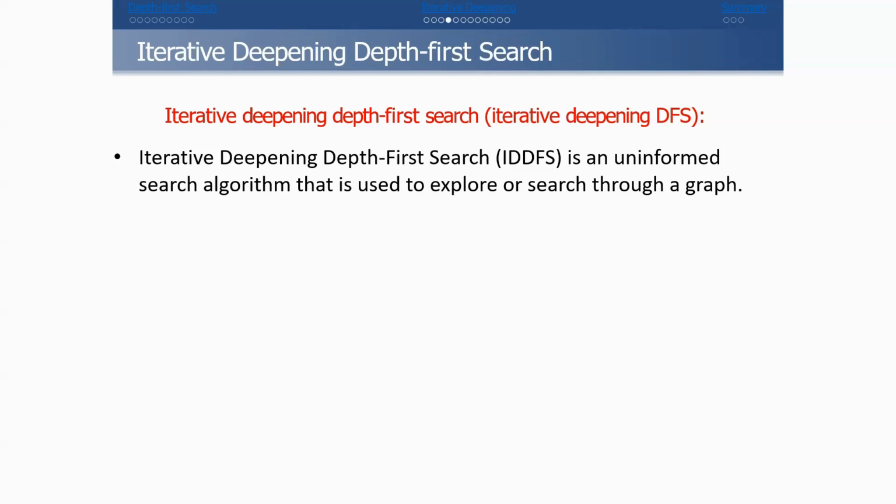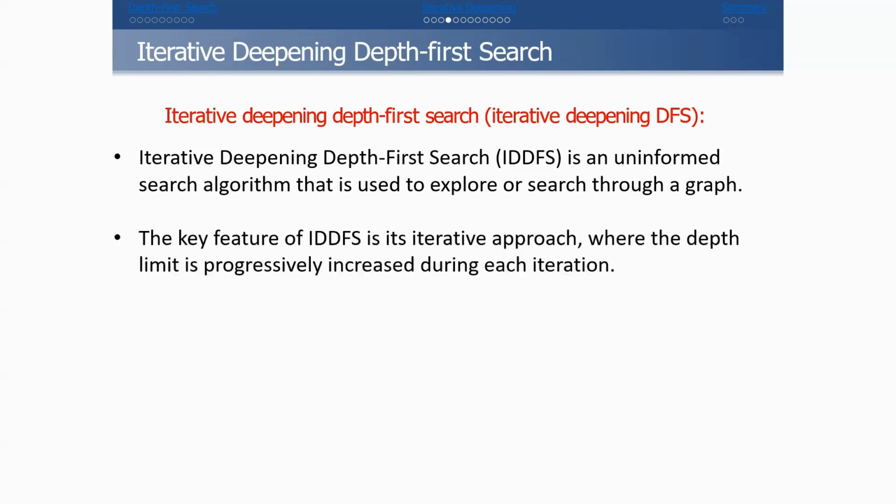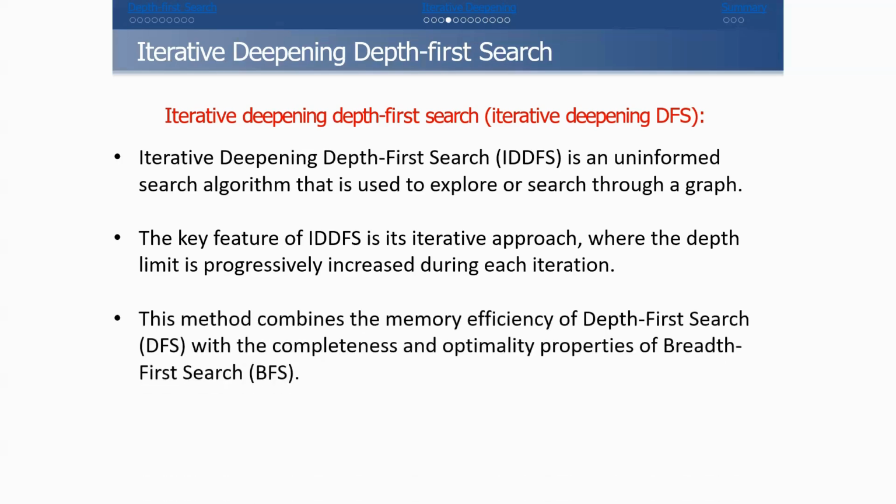So it raises the leveling of the nodes. The key feature of the IDDFS is the iterative approach, where the depth limit is progressively increased during each iteration. So we can see here each iteration is increased node by node.